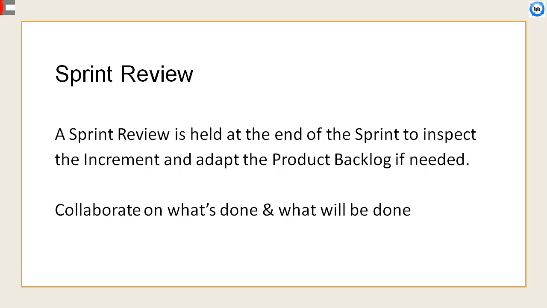This is an informal meeting, not a status meeting, and the presentation of the increment is intended to elicit feedback and foster collaboration. This is a 4-hour time-boxed meeting for 1-month sprints. For shorter sprints, the event is usually shorter. The Scrum Master ensures that the event takes place and that attendants understand its purpose. The Scrum Master teaches all to keep it within the time box.